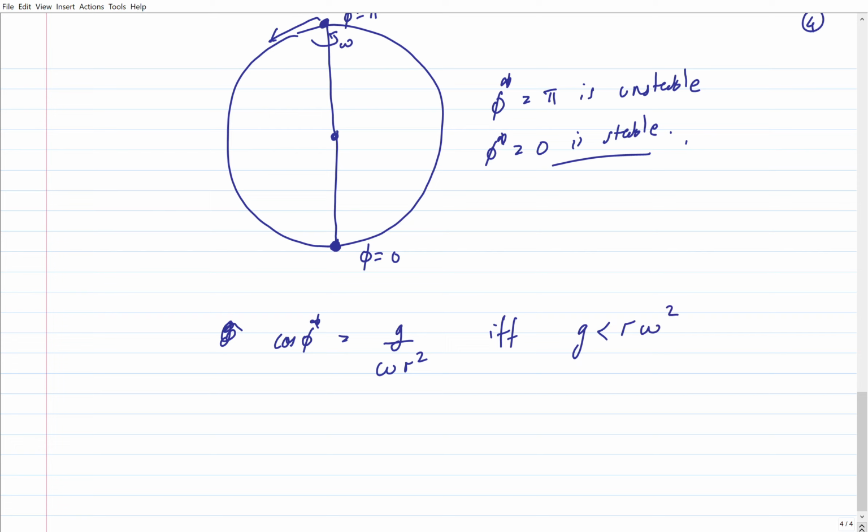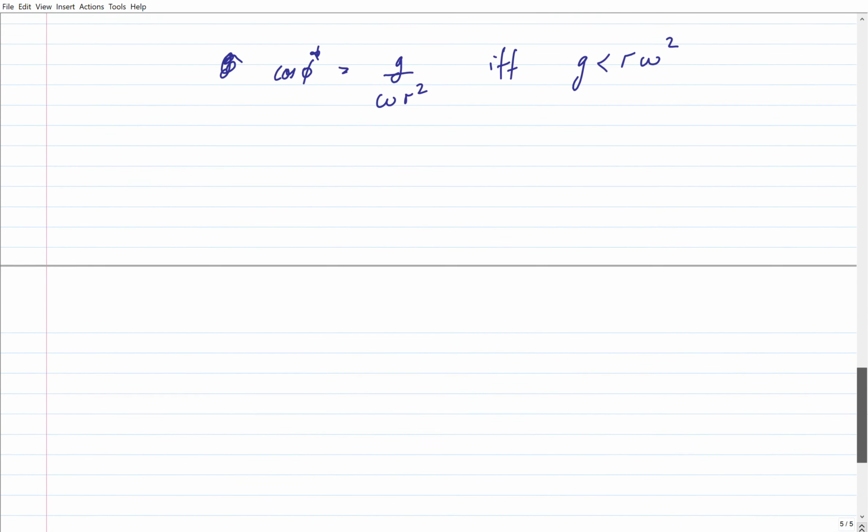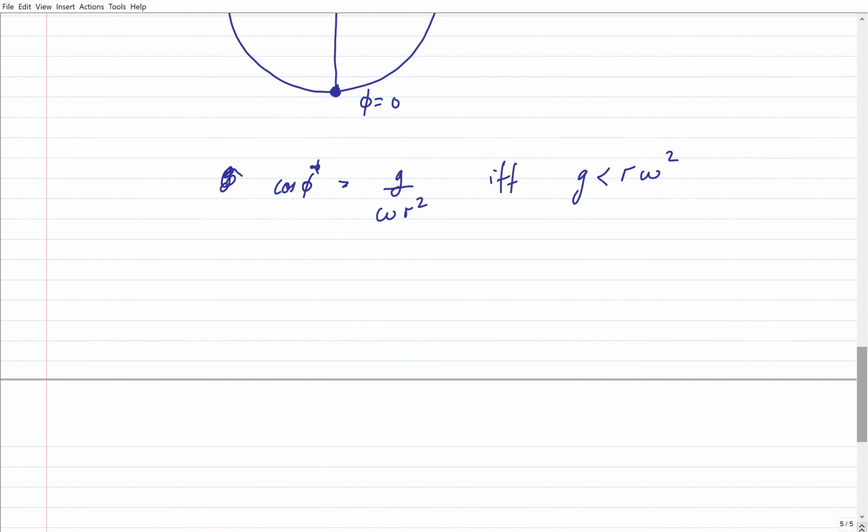Only then cosine phi would be less than 1. So what can I do? I can define a dimensionless quantity gamma as r omega square by g. You can check, this has the dimensions of acceleration.